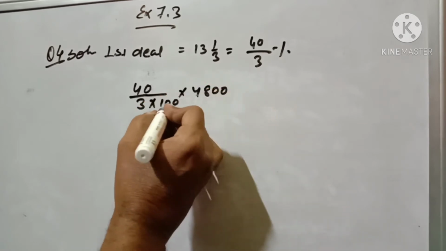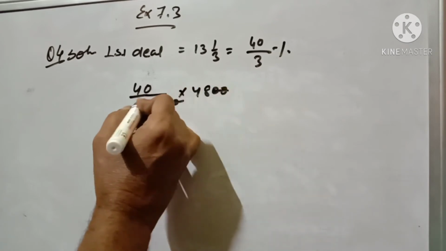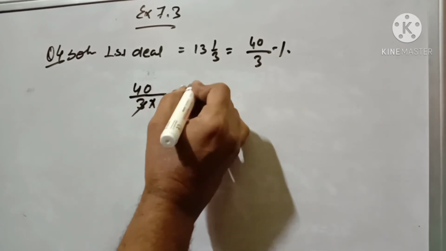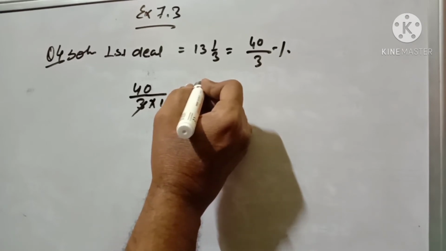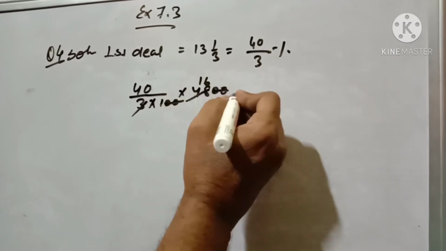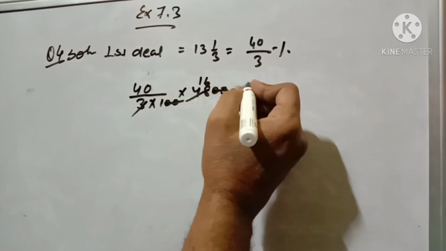So this 20 will go. 3 16s are 48, and 16 and 4 6s are 64.